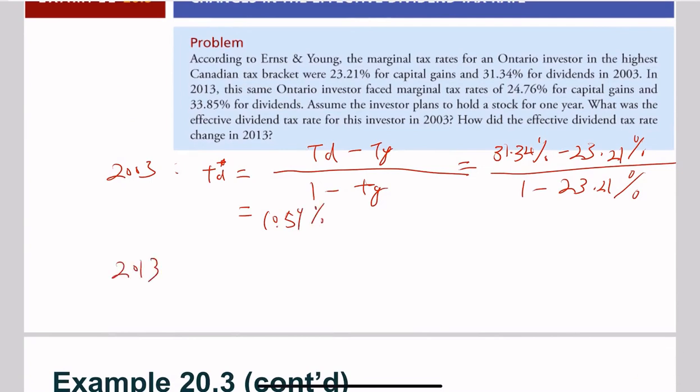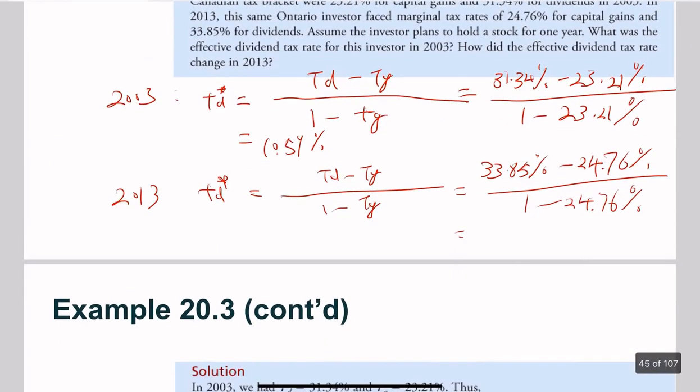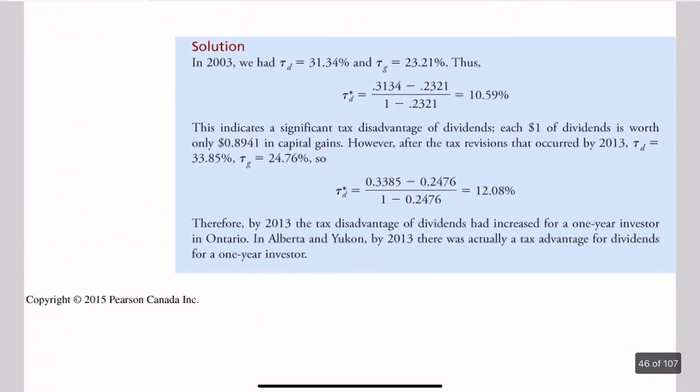Then for 2013, it's similar. Just plug in numbers. Then this would give you 33.85% minus 24.76% divided by 1 minus 24.76%. So this gives you 12.08%. Right? So we can see that the effective tax rate of dividend has increased from 2003 to 2013.